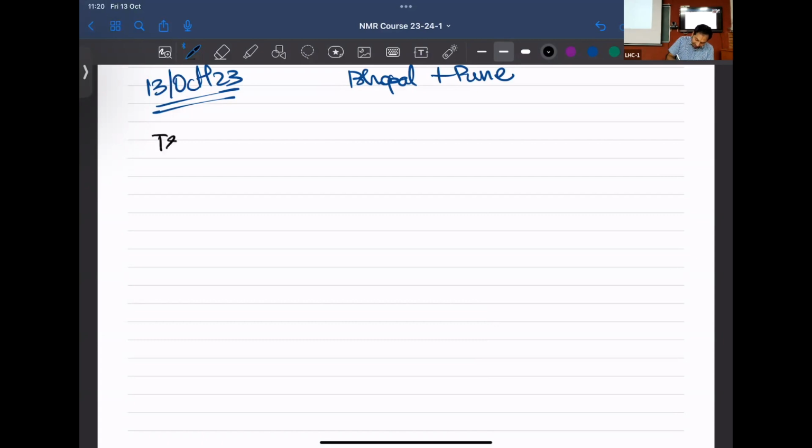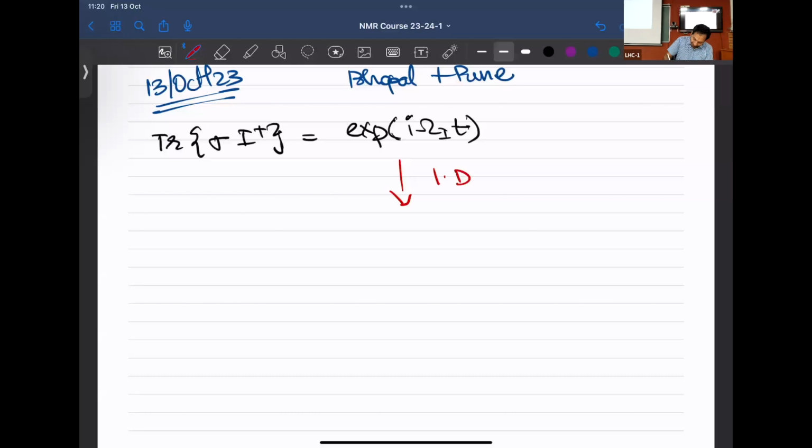We said that if the trace of the density matrix with the operator that you're trying to measure comes out to have an oscillation, then when a one-dimensional Fourier transform, 1DFT, is done, the single dimension here is the t variable dimension, right?